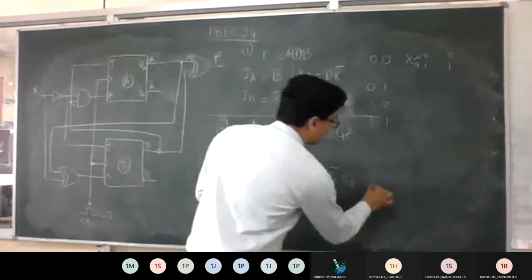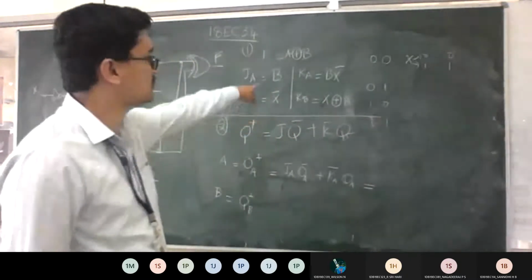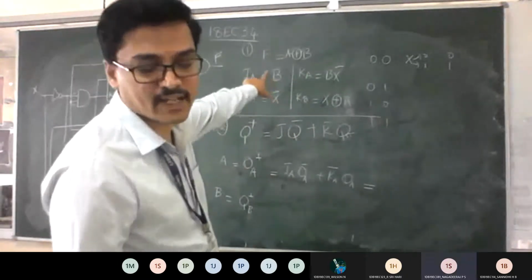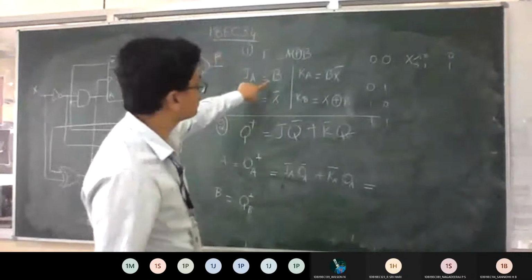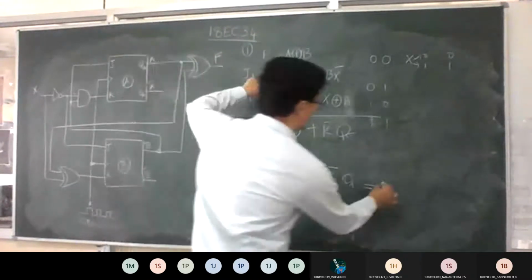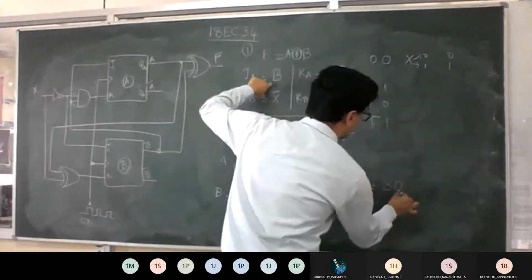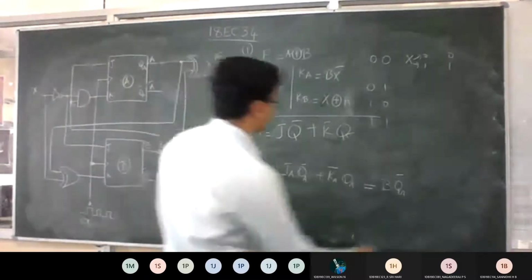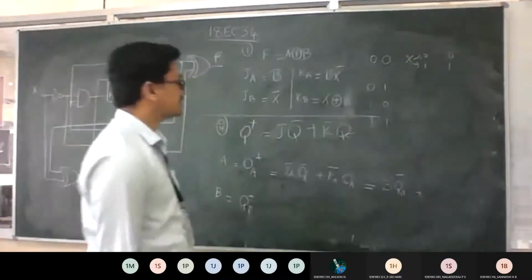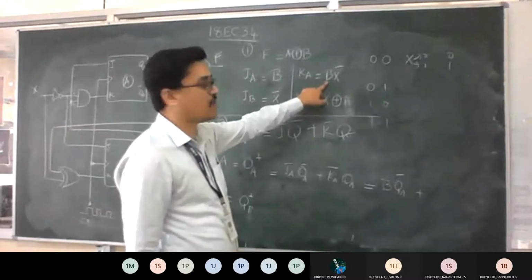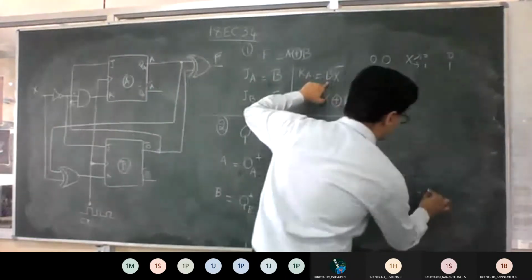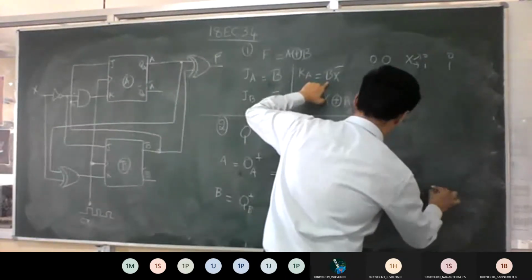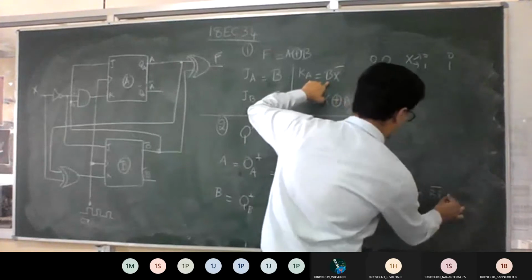So what is the value for this? What is JA equal to? JA equals B. So B into QA bar, plus what was KA? KA was this, into QA.